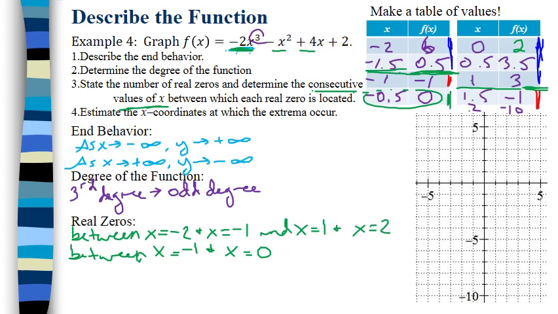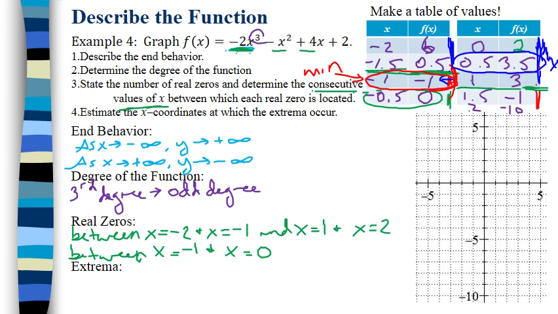Okay, and then estimate where the extrema occur. So when we look, it looks like we're coming down from infinity, and we keep going down to -1, and then we come back up to 0. So this right here is going to be a minimum, because that's the smallest value between the two around it. And then we come up and come up, and then we come back down. So this looks like this is going to be a maximum.